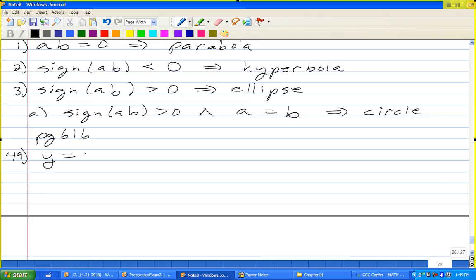Y equals negative 2 over x. In exercises 48 through 50, sketch the graph. Well, we've done this way back when.